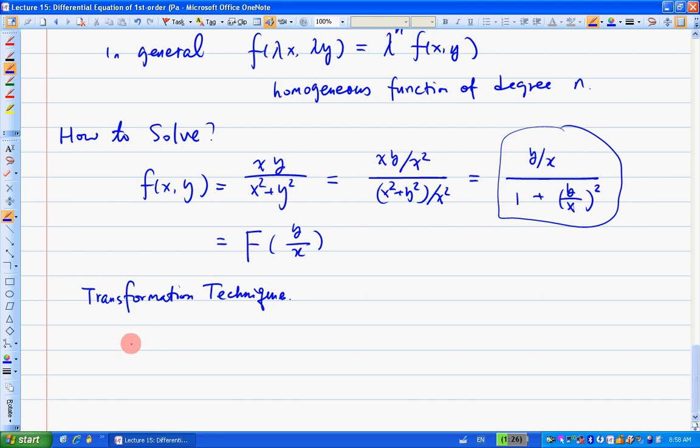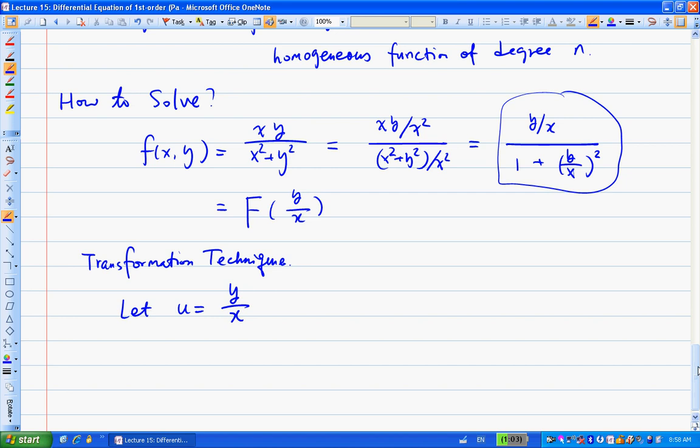So here's what happens. You let u equal y over x. Okay, you let u equal y over x. So again, I don't need you to remember any formulas here. I need you to remember these procedures. So you let u equal this. When you let u equal this, your original function of y over x will simply become f of u, right?